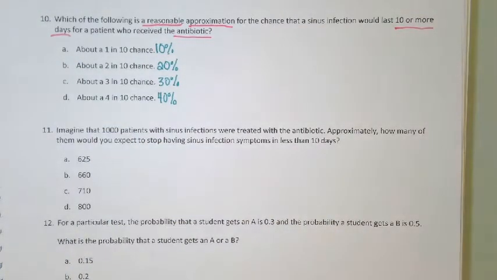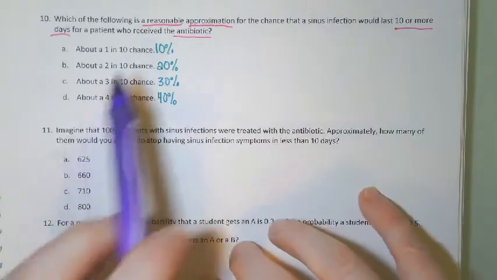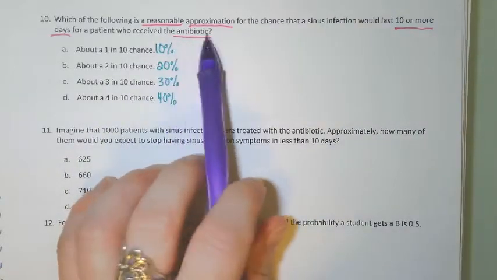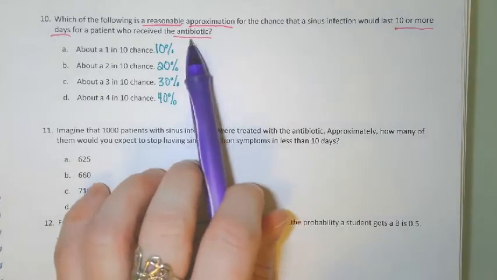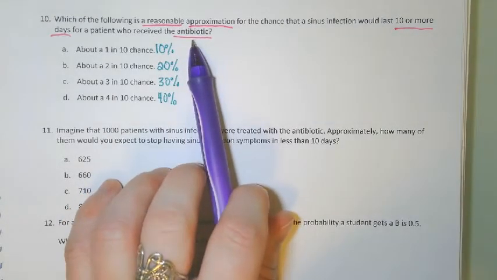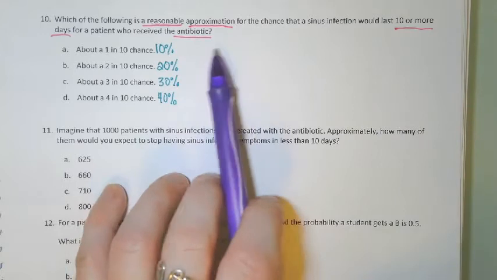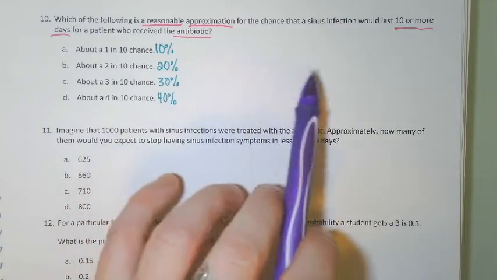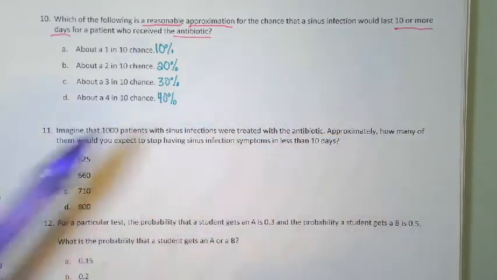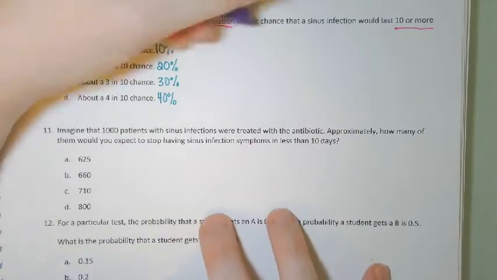So I'll go ahead and write my probability statement. Again, we're just looking at those who received the antibiotic. And of those, what are the chances that the person had a sinus infection that lasted 10 or more days?